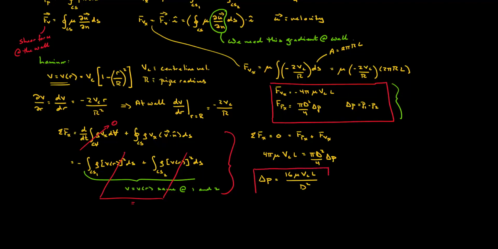A very important result that we were able to come up with because of our knowledge of the velocity profile for a laminar flow. Let's be entirely clear, this is P1 minus P2 for a fully developed laminar flow.